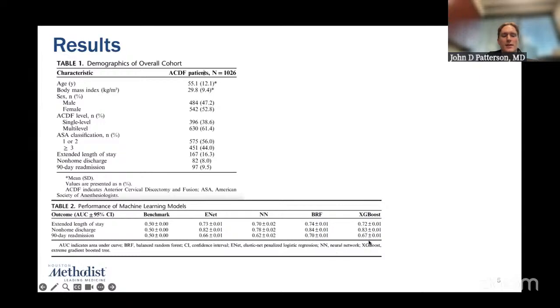The 90-day readmission wasn't too predictive there, but this goes along with what we see in a lot of these studies: the balanced random forest is a really good model for predicting post-operative outcomes and things like that.